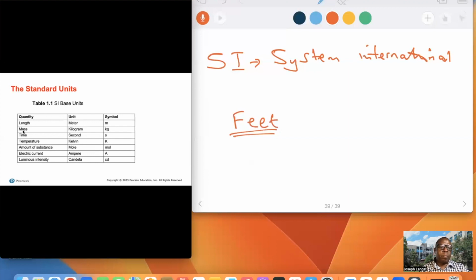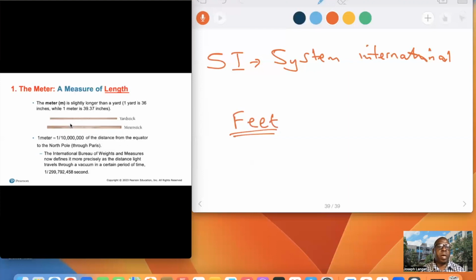Mostly what you come across in the lab is length, mass, time, temperature, and probably also the mole, but rarely will you see electric current and luminous intensity. But you need to know there are 7 base units used in System International.